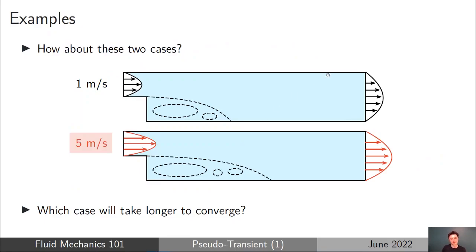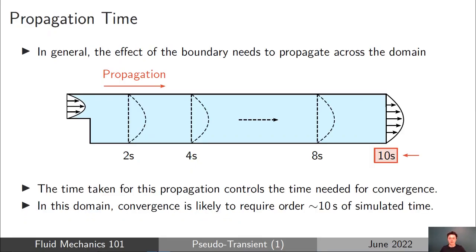Another example: what if you took the same backward facing step flow with an inlet velocity of 1 meter per second, but this time you change the velocity to 5 meters per second. Which of these two cases do you think would converge faster? Just thinking about this is immediately going to give you some insight into how the pseudo time step size should be calculated automatically by the CFD code.